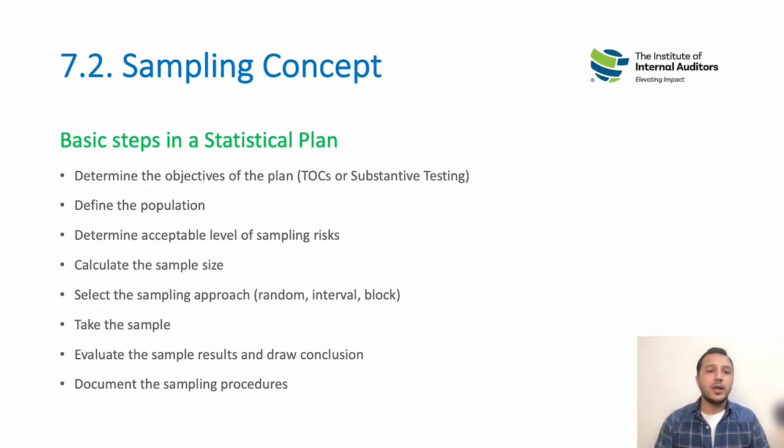We apply the attribute sampling method when we are looking for the test of controls, where we look at whether the control is effective or not, whether we are able to lock the locker, the room, the premises, or the laptops. So that is called test of controls.